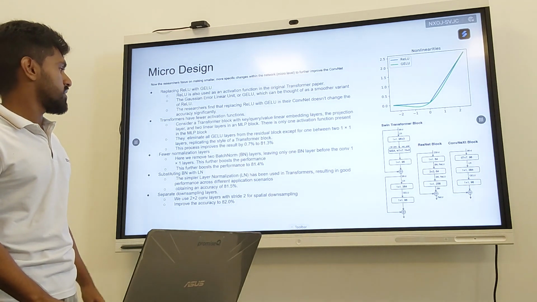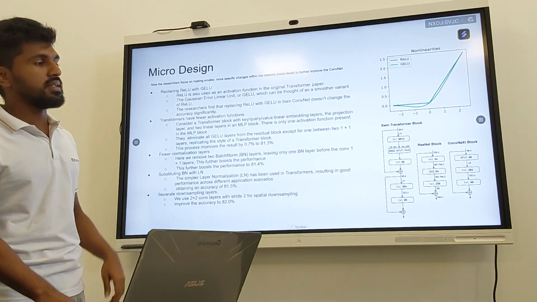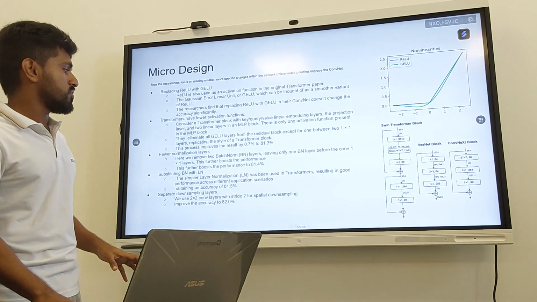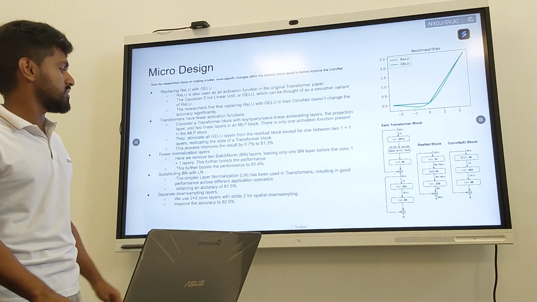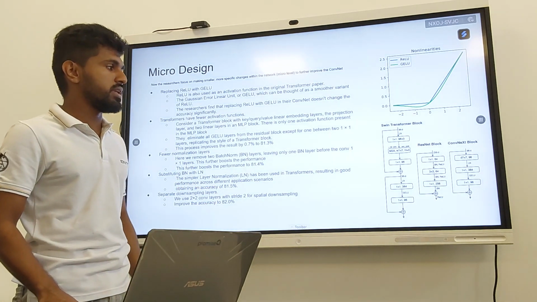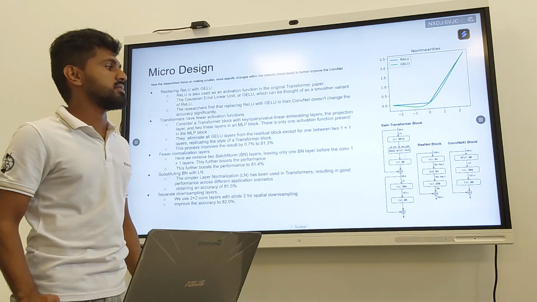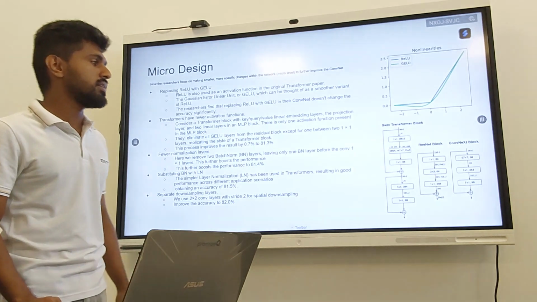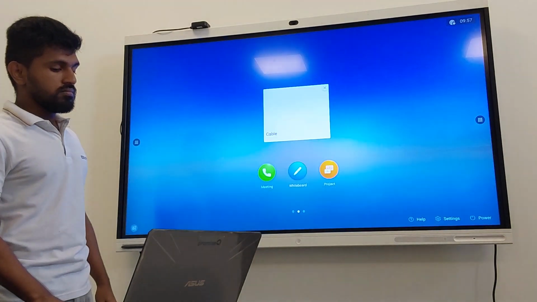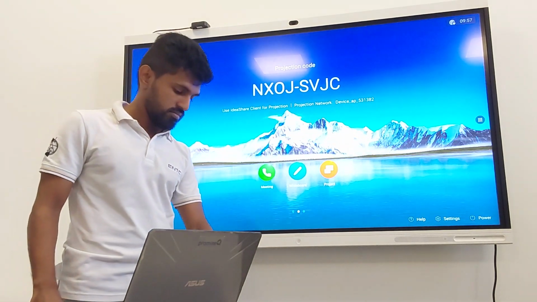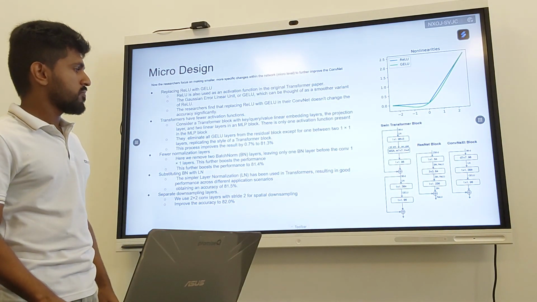And then they used fewer normalization layers, and they substituted the batch normalization with layer normalization. Because of that improvement, they got higher accuracies. Also here you can see that they inserted the layer normalization rather than the batch normalization.